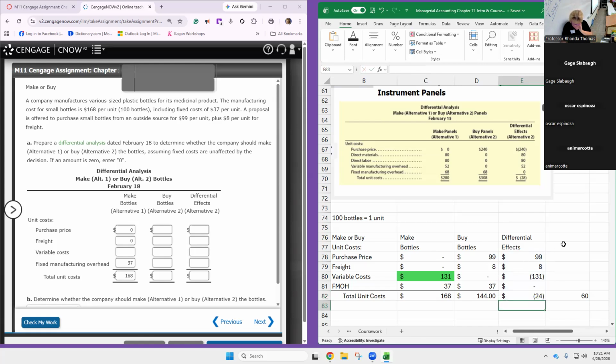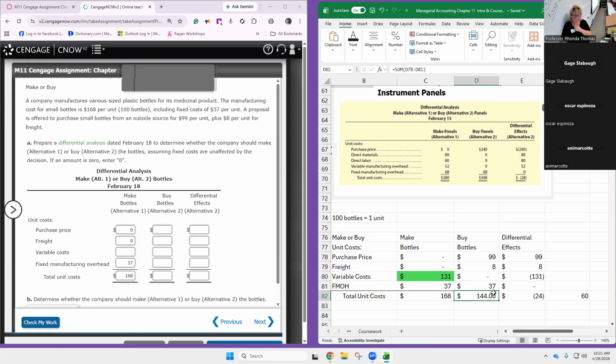And if we have a negative number, remember, these are costs. I could have put all these in as negatives, that might have helped, but do we want something that costs us 168 or 144?